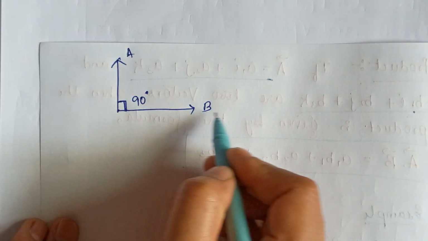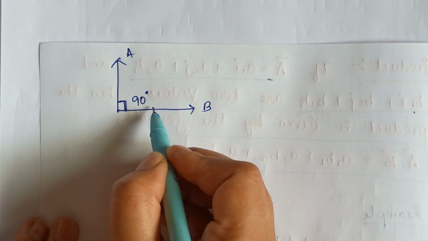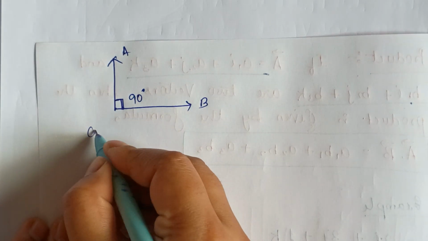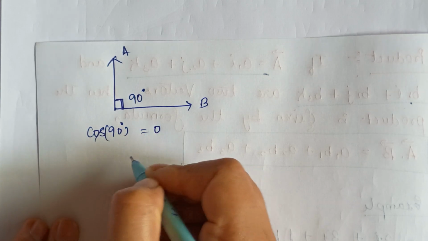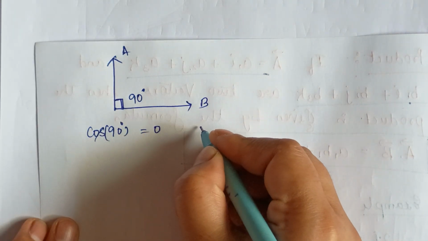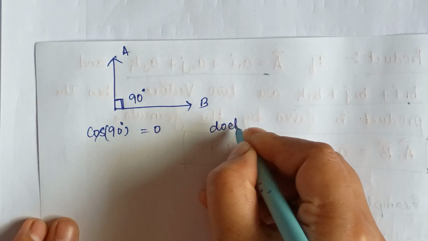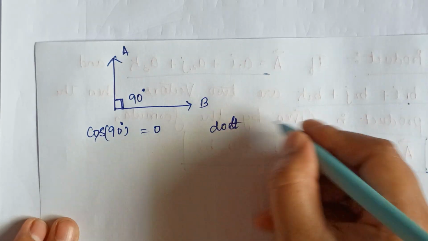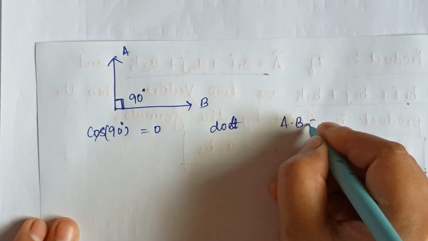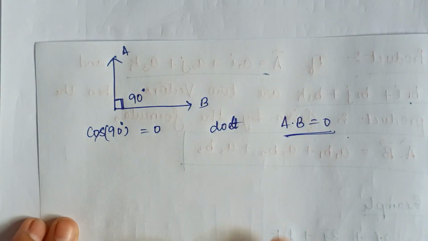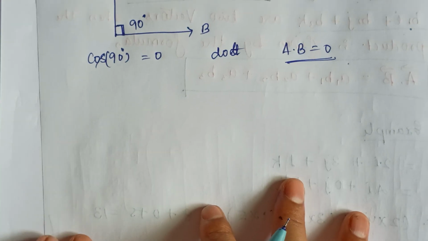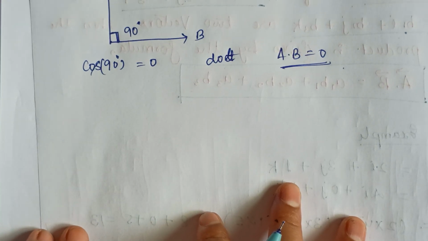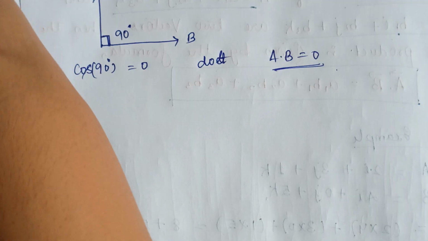If vectors are perpendicular, that is at 90 degrees, then cos 90 is what? 0. This means the dot product is the minimum, or A dot B is equal to 0. Correct? So the dot product is a quick test for perpendicular vectors.